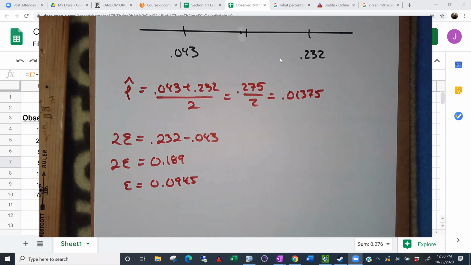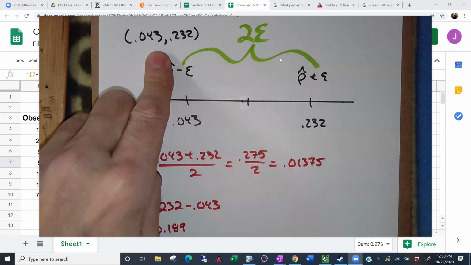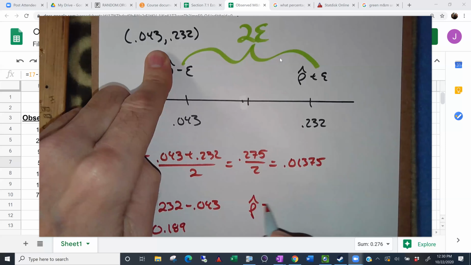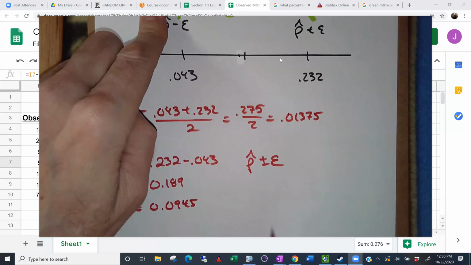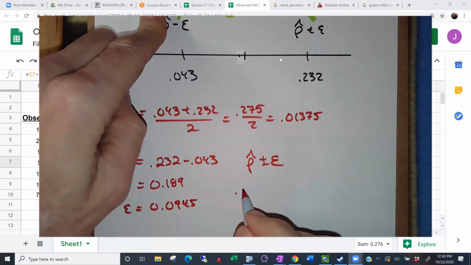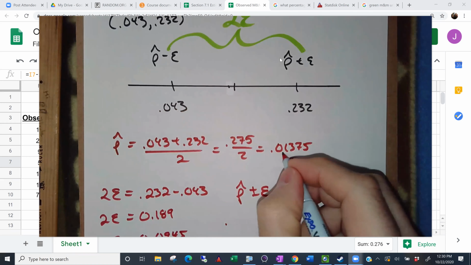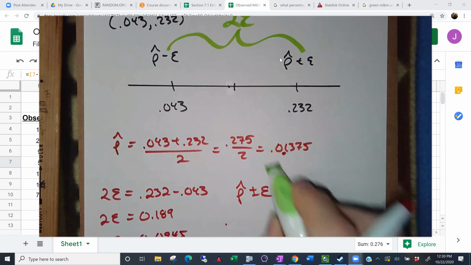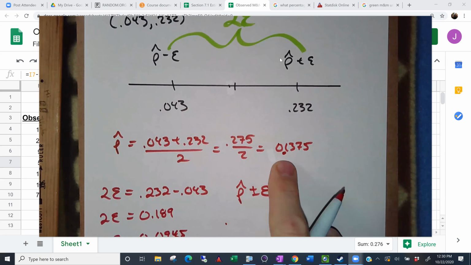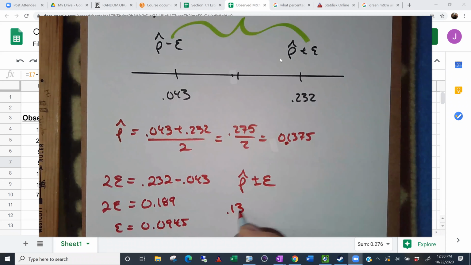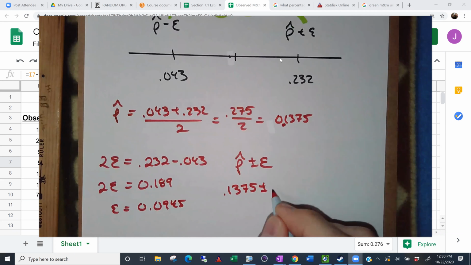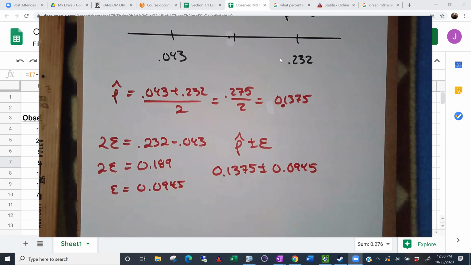That also gives me another way to write this if I wanted to. Sometimes you're asked to write it like this, p hat plus or minus E. So now you could write it as, I think I got an extra 0 here. Yeah, that decimal should be there. So you could write this as 0.1375 plus or minus 0.0945. Beautiful.